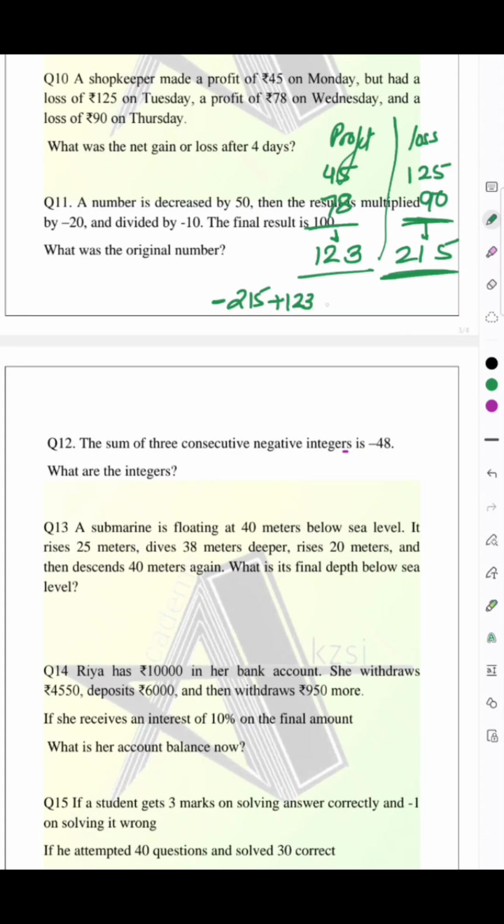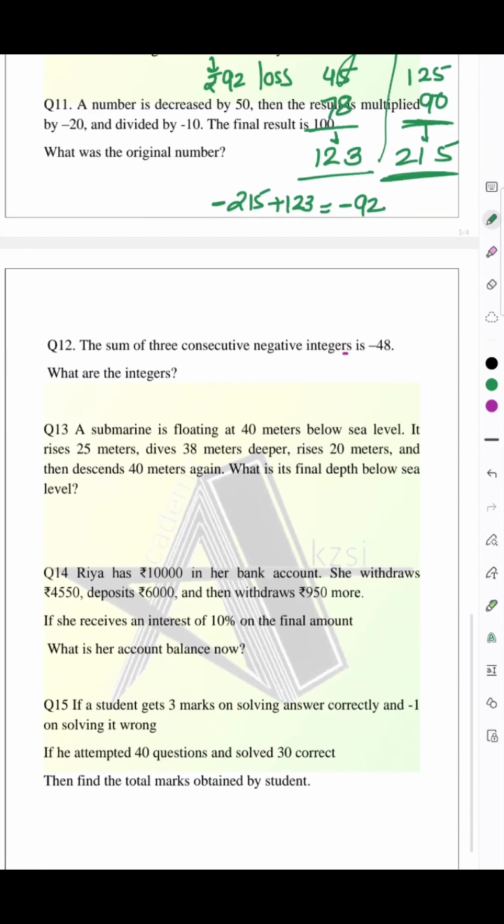So ultimately that will give me minus 92. So he has suffered a loss of 215 but a profit of 123. Together it will be minus 92. That means he suffered a loss of 92. So the net loss after 4 days is 92 rupees. The minus here indicates that he is in loss.